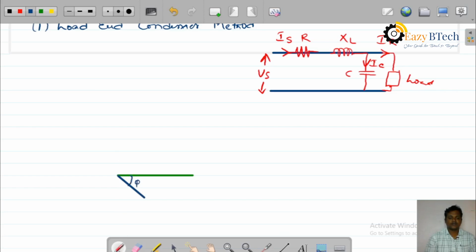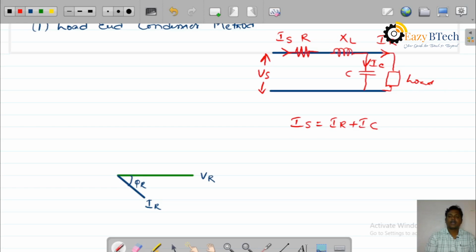This is the reference vector VR. Now observe the diagram. Apply KCL here. Is equals to IC plus IR. From this diagram, Is equals IR plus IC.